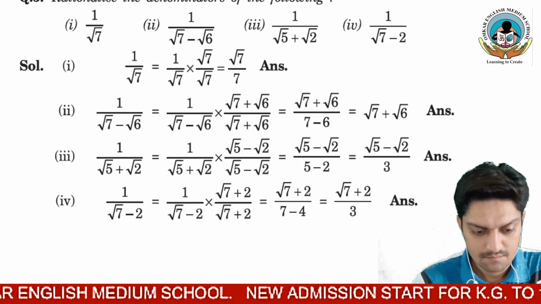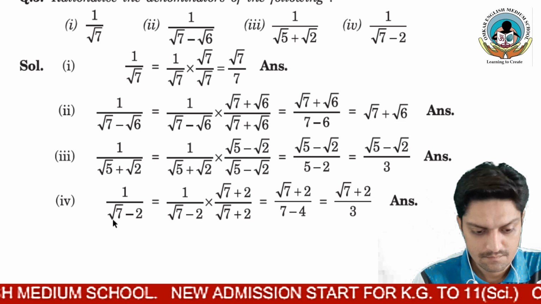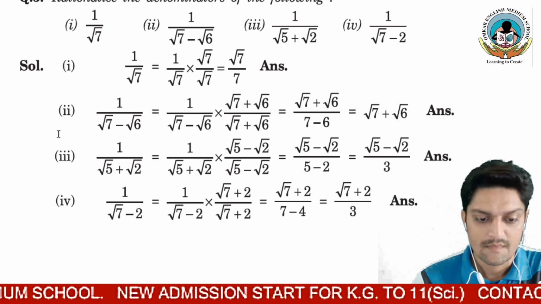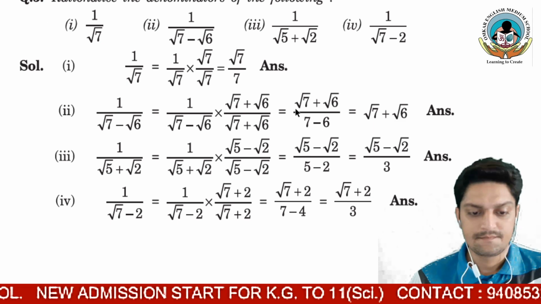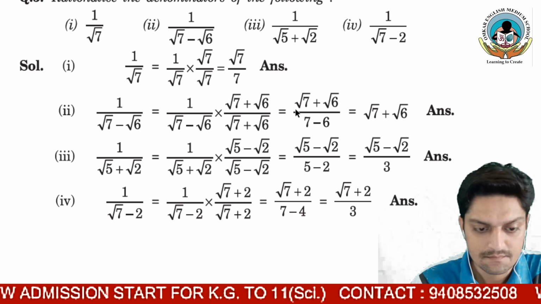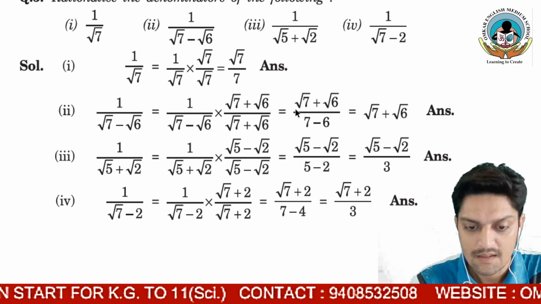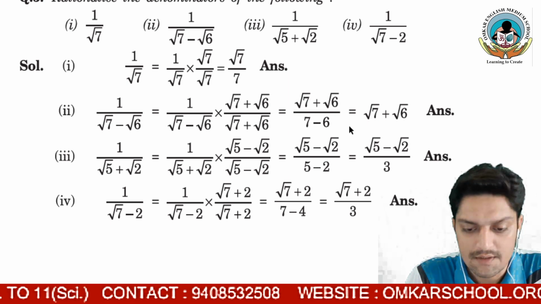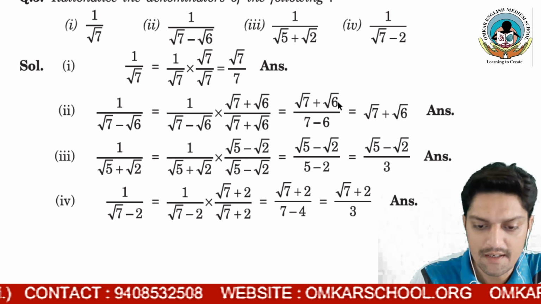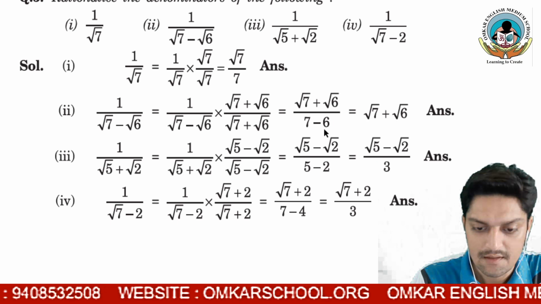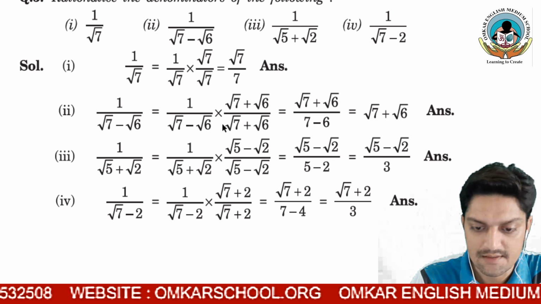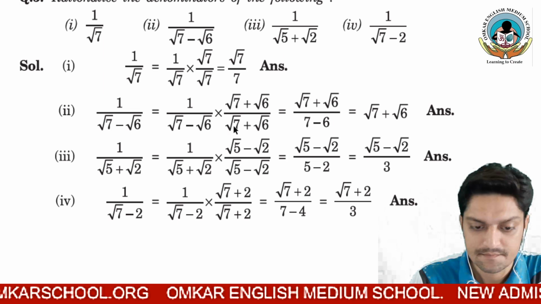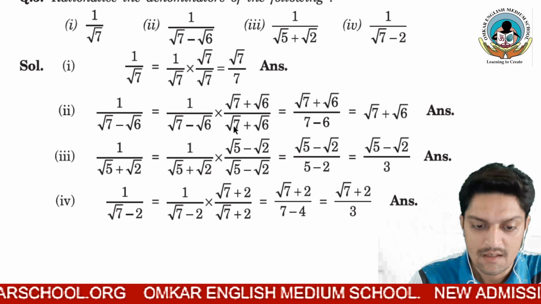So now let's simplify. Let's come on second question. Root 7 plus root 6 into 1, so numerator will remain same only, root 7 plus root 6 only, but in denominator now root 7 minus root 6 and root 7 plus root 6, it means what?